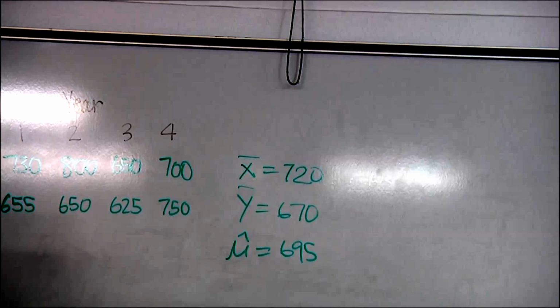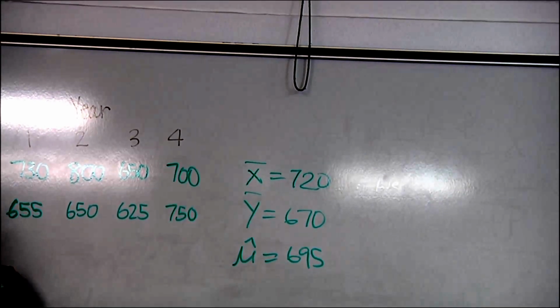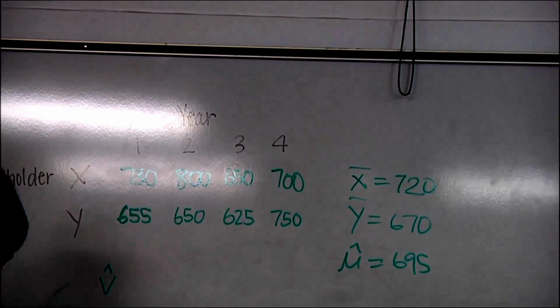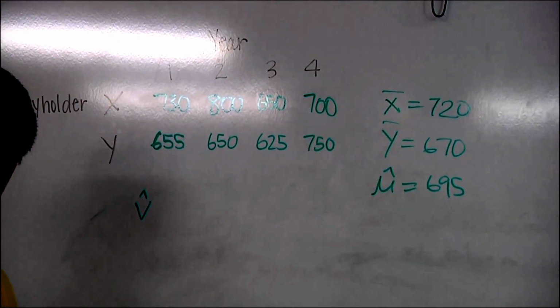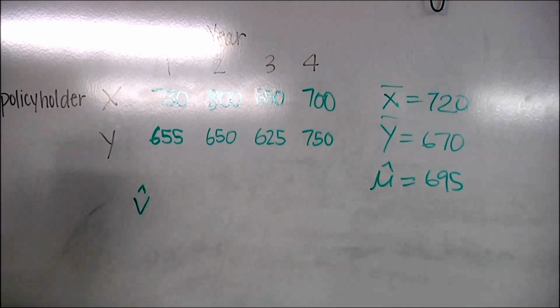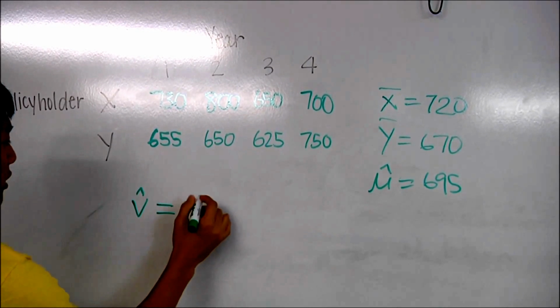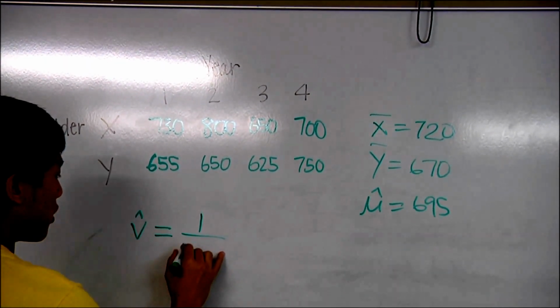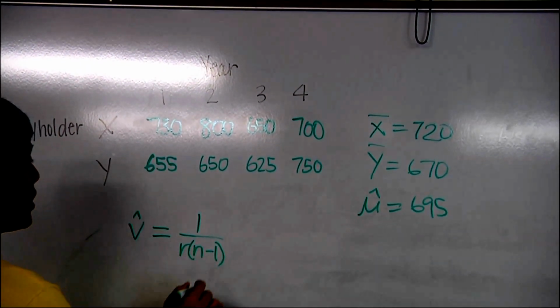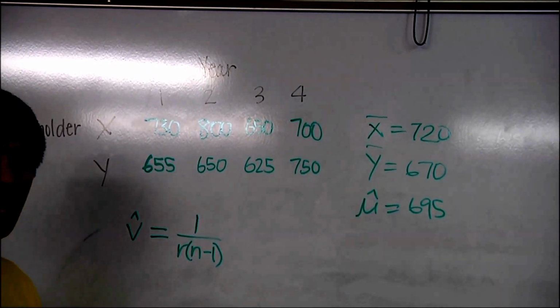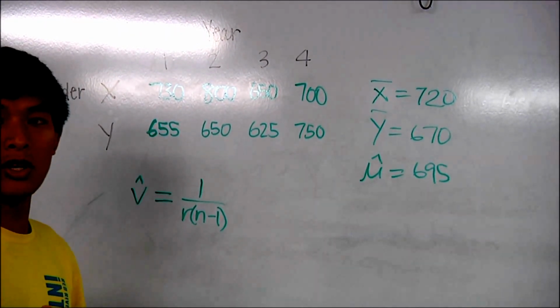The next thing you want to go ahead and do is find V hat, which is the estimate of the expected value of the process variance. The formula is 1 over R times N minus 1, R being the number of policyholders and N being the number of years for which you have data.